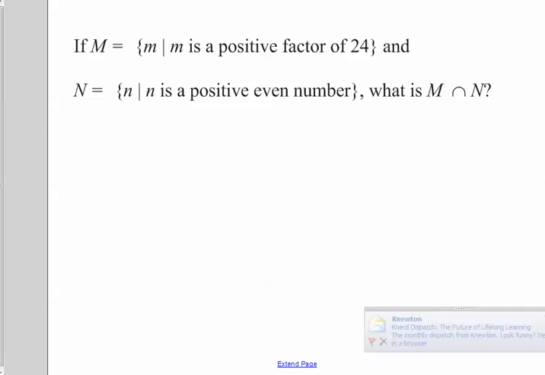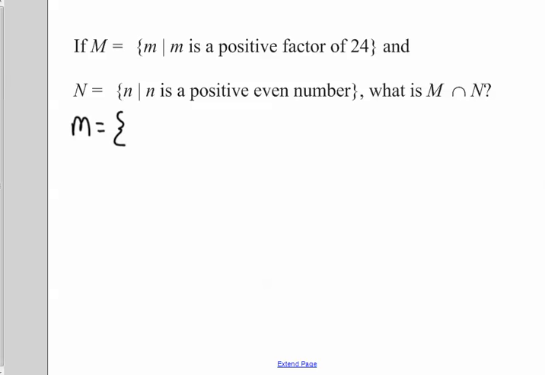How about this? If M is the set such that M is a positive factor of 24 and N is a positive even number, what is the intersection of M and N? If I had to think about this, when I'm thinking about the positive factors of 24, it might help me to make the actual set. So the positive factors of 24: 1 and 24, 2 and 12, 3 and 8, and 6 and 4.